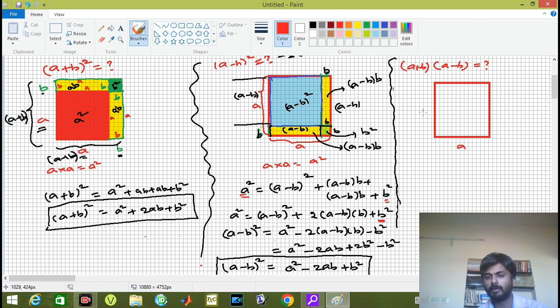So length equals a and breadth equals a, and we know that a into a equals a square. Now I am going to convert this square into a rectangle by adding two more boxes.